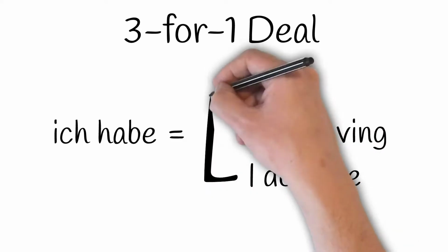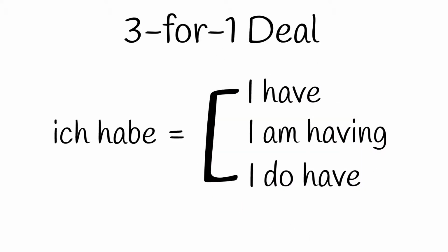All 3 translations are correct. But in German, there is only one possibility. This is a great advantage for us as English speakers, since we only have to learn the one form instead of 3 separate forms. It's a 3-for-1 deal, and we're going to see this in action in the next slide.